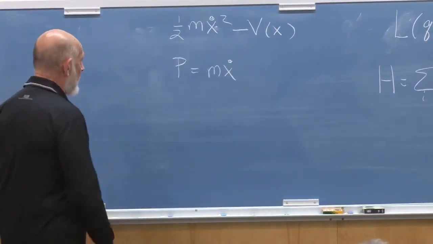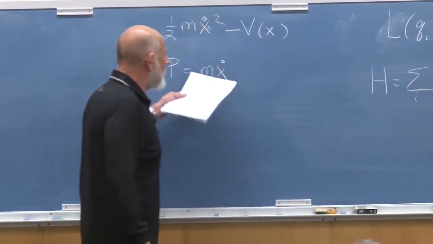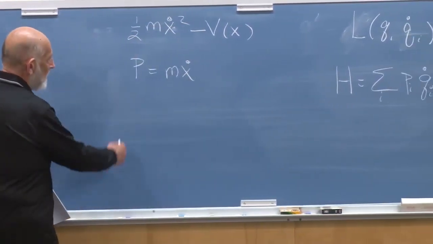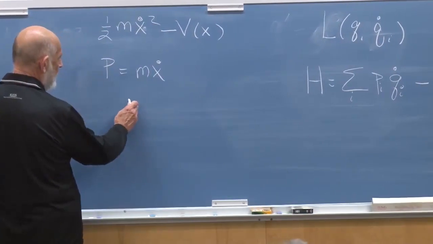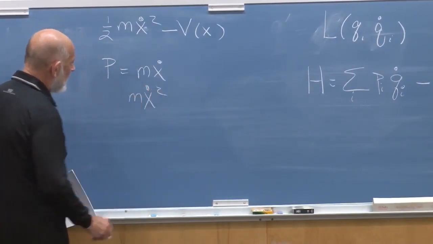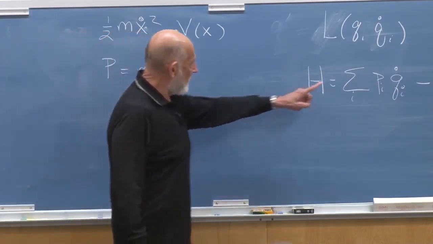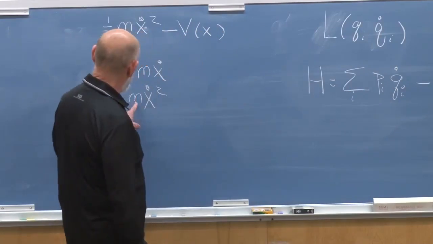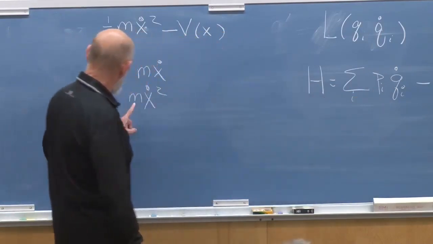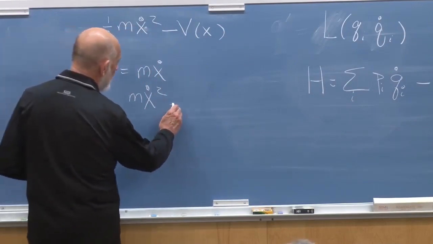If we multiply that by Q dot, in this case, there's only one coordinate in the problem, just x, then we would get P x dot, which would just be m x dot squared. One x dot comes from the Q dot, the other one comes from the P. So it's m x dot squared, and then minus the Lagrangian.